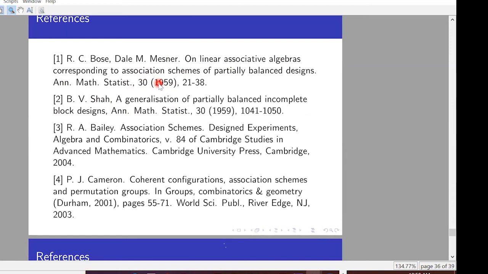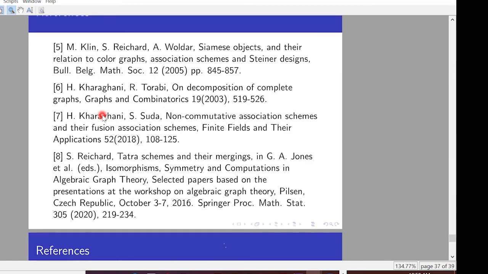So in fact, the notion of Jordan schemes was born in that paper. So maybe somebody has to call them Shah schemes, but meanwhile we use the name Jordan scheme, which was proposed by Peter. And so here are the references.